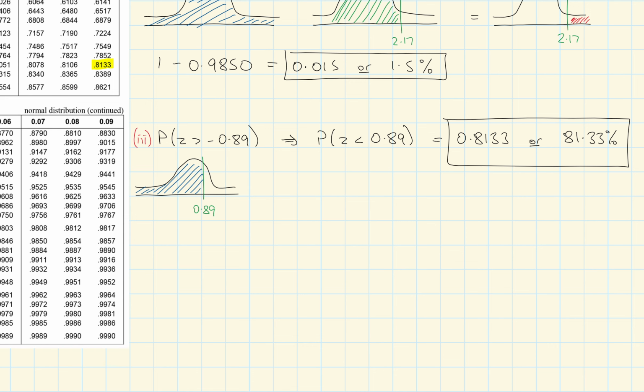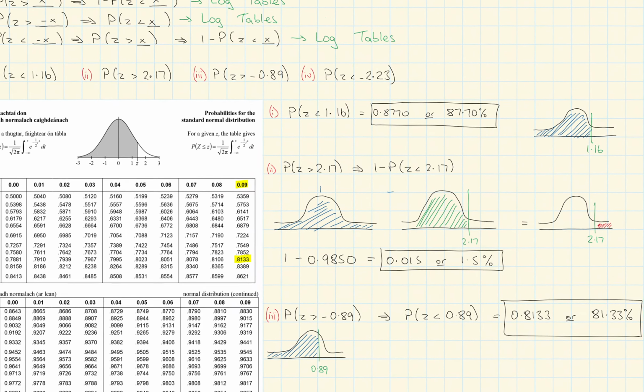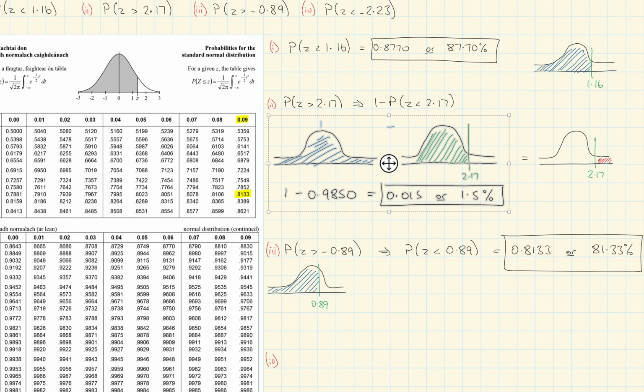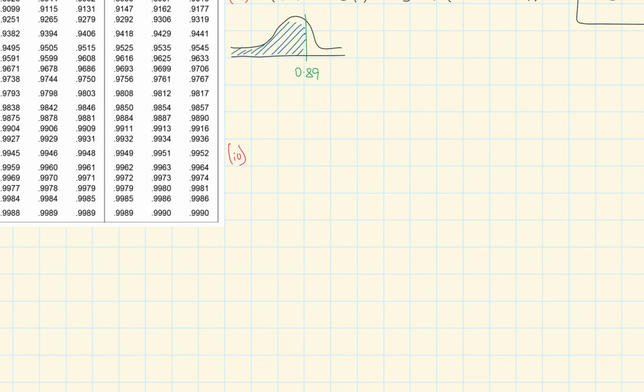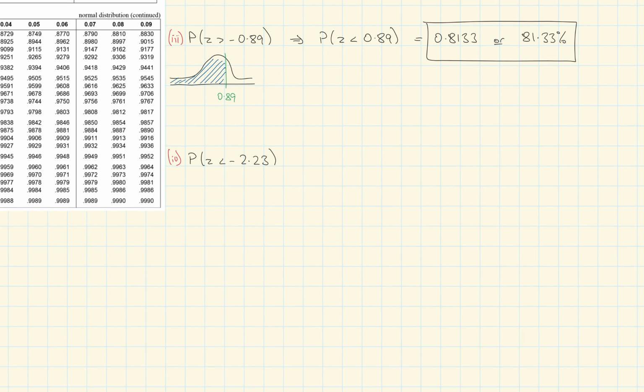Okay, and our last one then, part 4. We're given the probability that z is less than minus 2.23. So we know already we don't deal with a minus, so we're going to flip the sign and flip the inequality. And again, we don't calculate the area to the right hand side, so it's 1 minus the probability that z is less than 2.23.